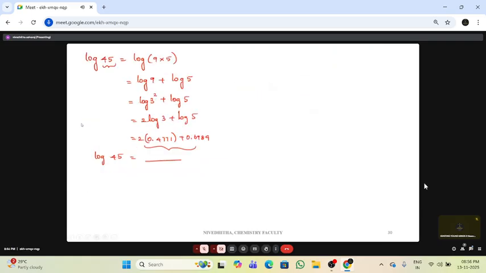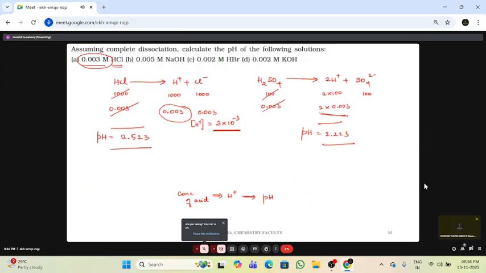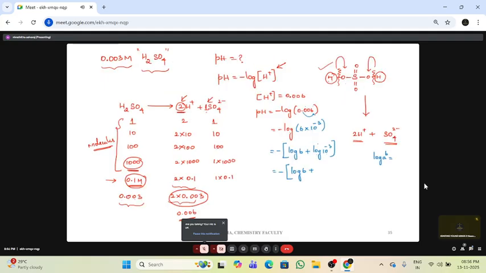Very good. Now here, instead of B, we have minus 3, right? So minus 3 log 10. And now what is the value of log 10? 1, ma'am. Very good.